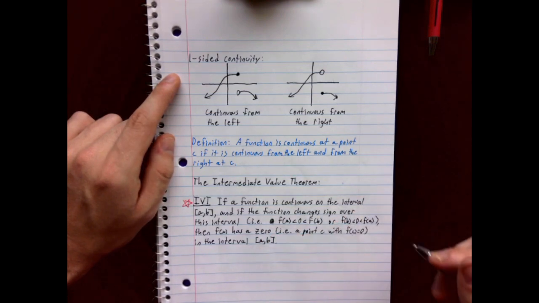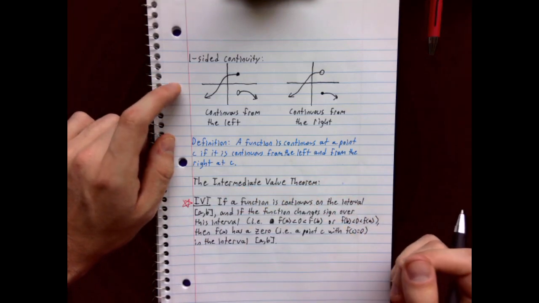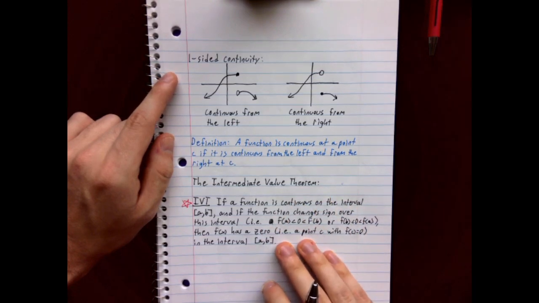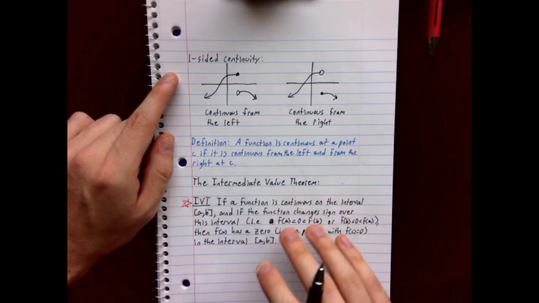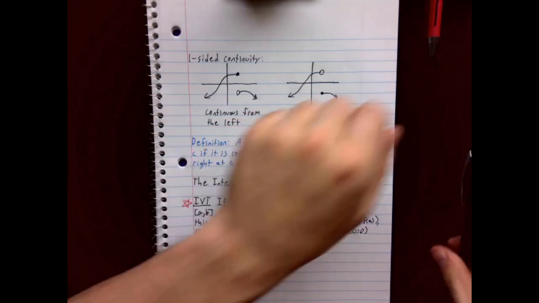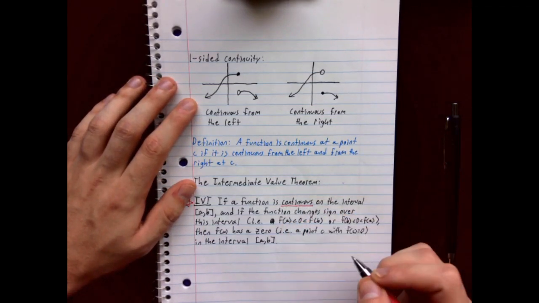And really, I should make this an open interval. This is not the fully general version of the intermediate value theorem, but for our purposes, this is the form that we're going to use it in. Okay, so if a function is continuous, and I will underline that continuous is a very important part of this.